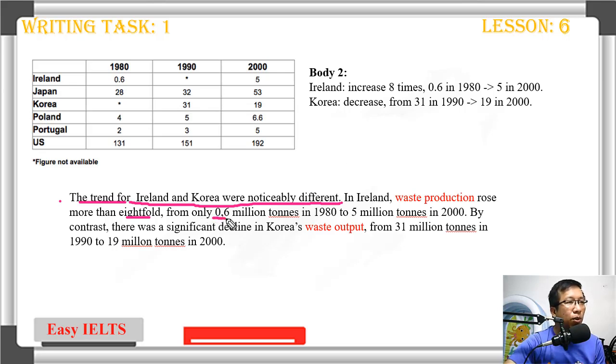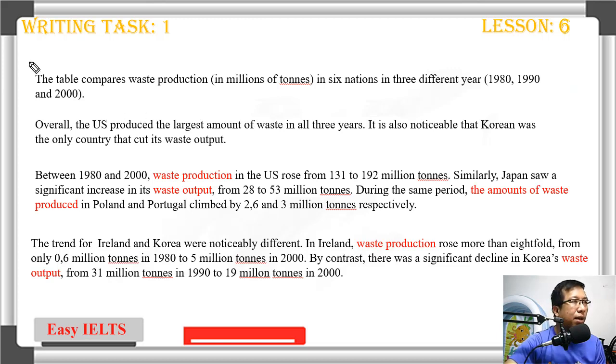From only 0.6 million in this year to 5 million in the year 2000. Okay, by contrast, because the number for Ireland increased, the number for Korea decreased, so we use by contrast. There was a significant decline in Korea's waste output. And again, you don't want to say waste reduction, you use waste output, from 31 million tons to 19 million tons. So this is our entire paragraph.